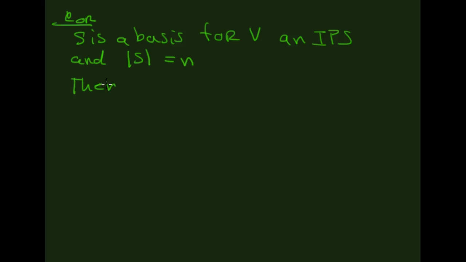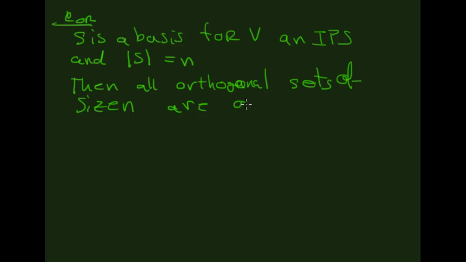Then all orthogonal sets of size n are also bases. Now, why is this a corollary? Well, because we just said that if they're orthogonal, then they have to be linearly independent, and if they are size n, and there is a basis of size n, then they have to be of correct size. So, if they're linearly independent and of correct size, we get spanning for free. So that would get me a basis.